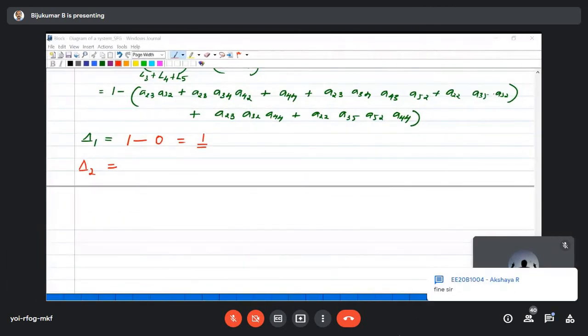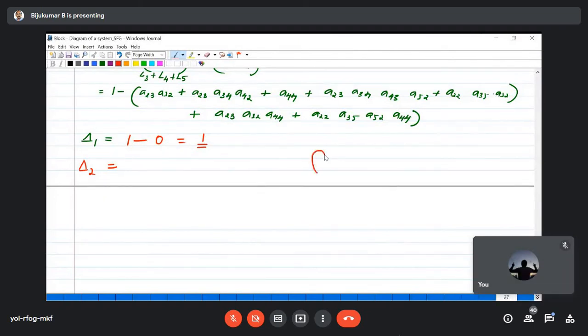So we have to find out delta 2 for this. That is the meaning. This is the loop which is not touching the second forward path. So we have to find delta for this loop. So how will you calculate?